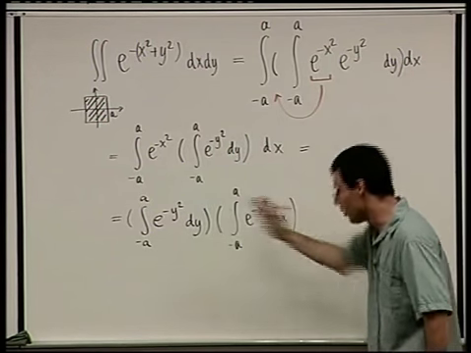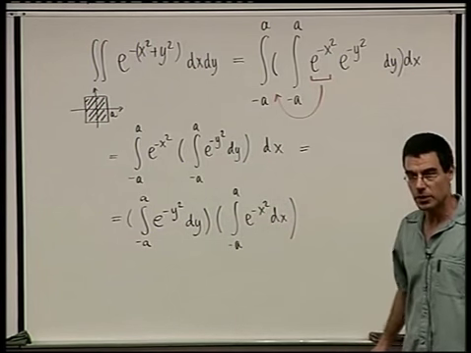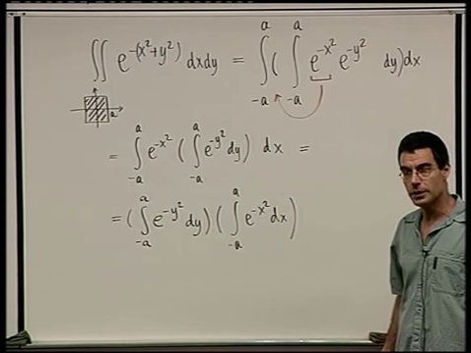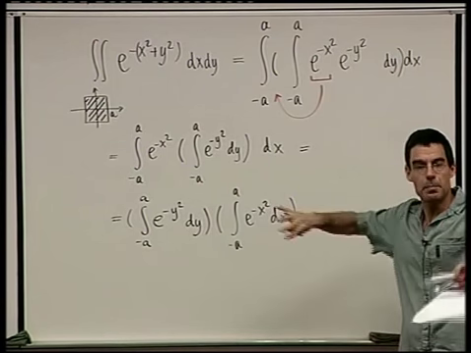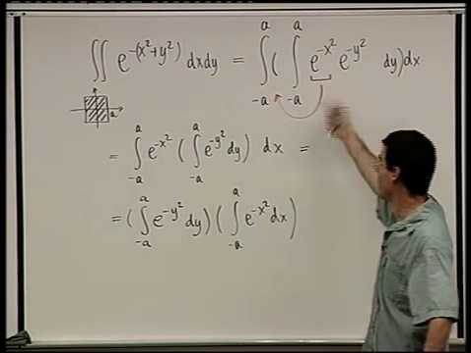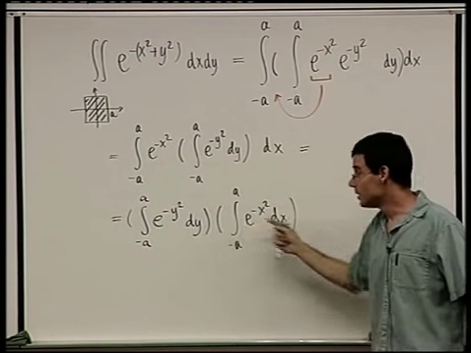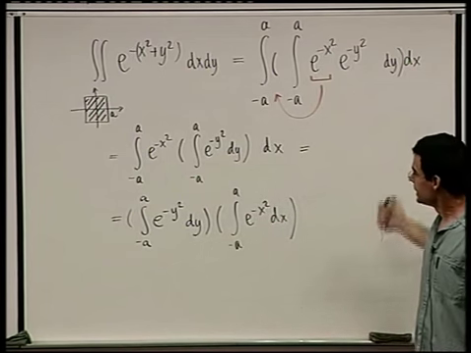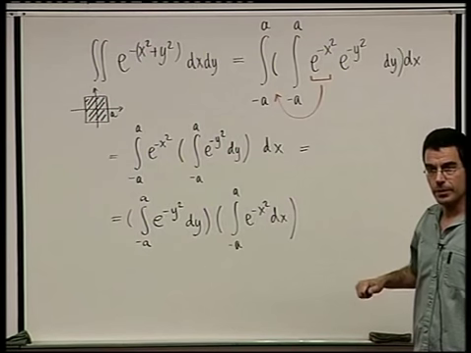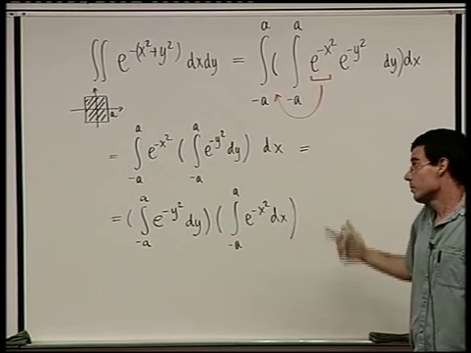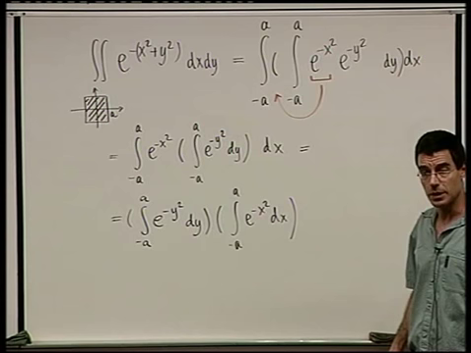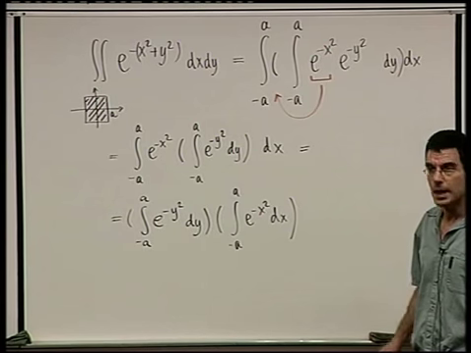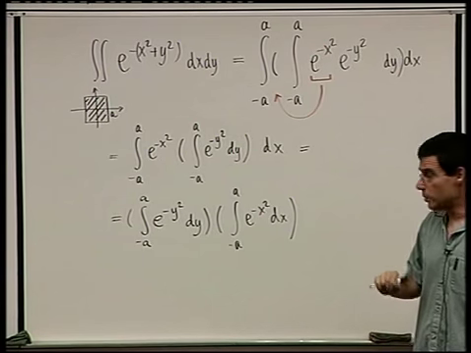So it's just the product of these two integrals. Do you agree? They kind of got separated. They're not really one inside the other. That was kind of fake. It's really just this. Do you agree? Everybody?